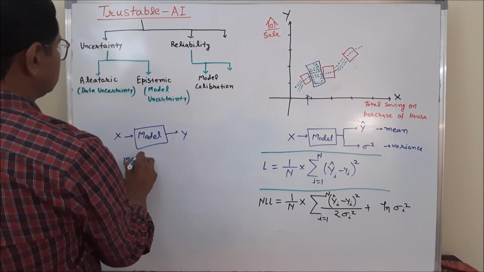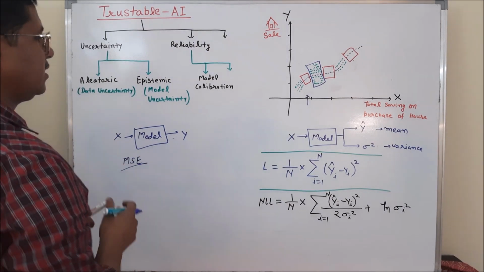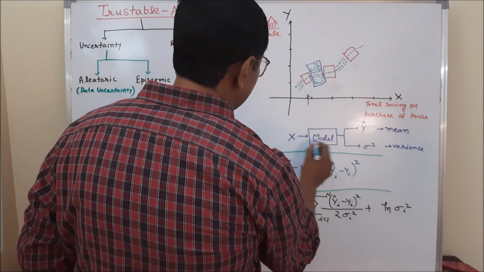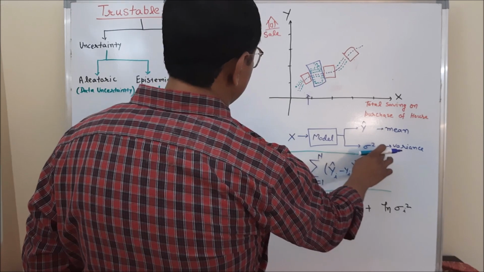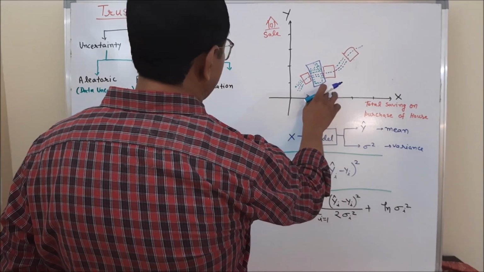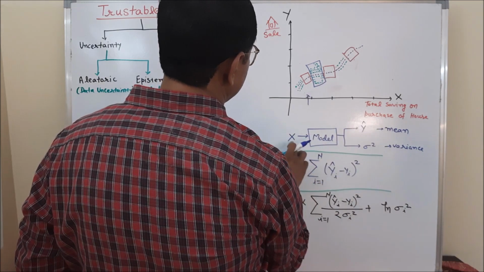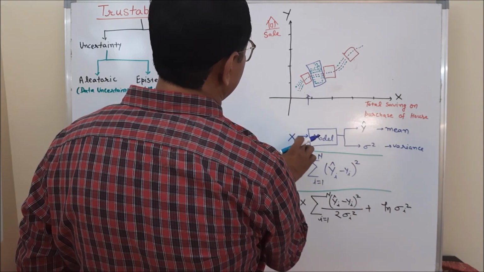If we use the traditional mean square error loss function, what will happen? Variance in the case of aleatoric uncertainties will not be fixed. It will change according to the underlying data.